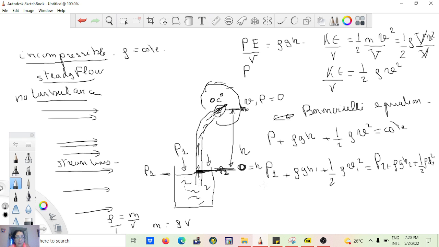So at that point, this is the atmospheric pressure, which is 10 to the 5, right?